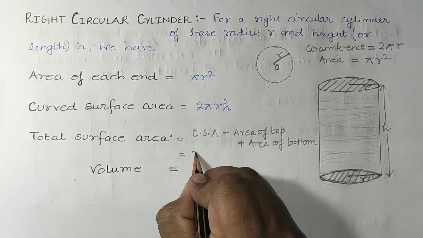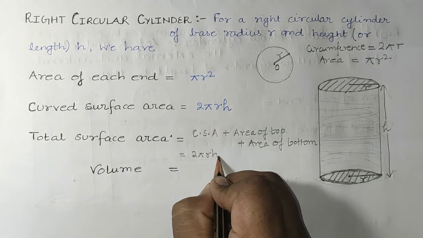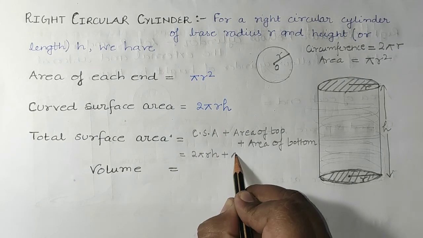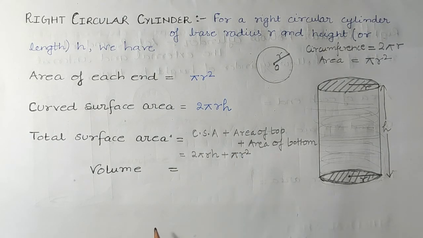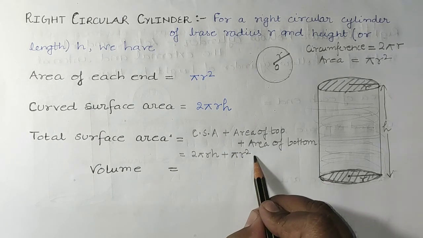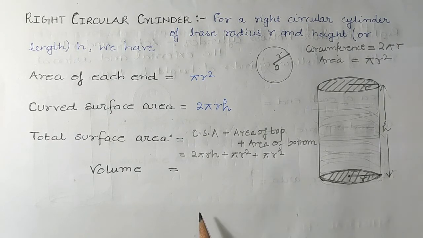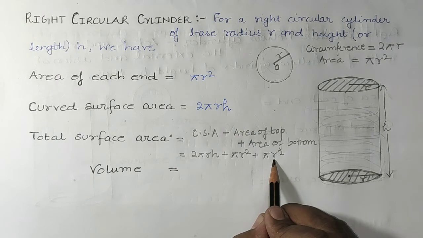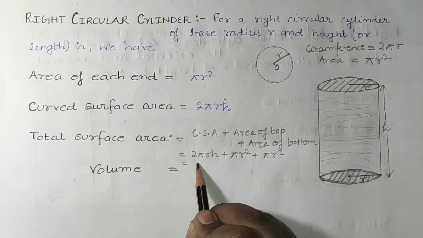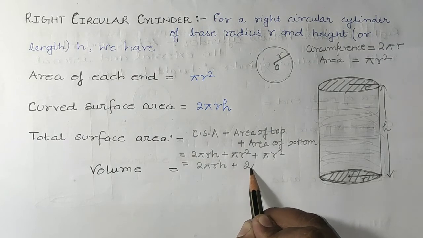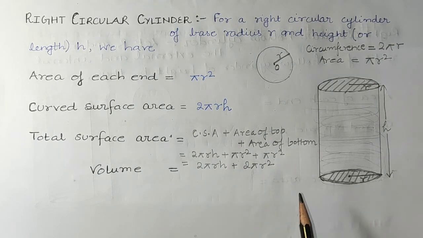Curved surface area was 2 pi r h. Area of top is in circular form, so it is pi r square. Area of bottom is also in circular form, so it is also pi r square. So pi r square plus pi r square is 2 pi r square. So it is 2 pi r h plus 2 pi r square.